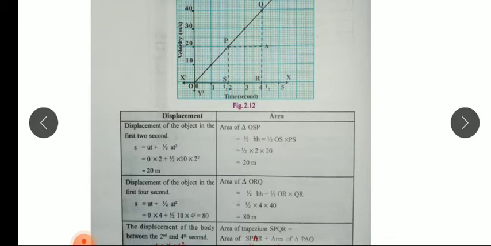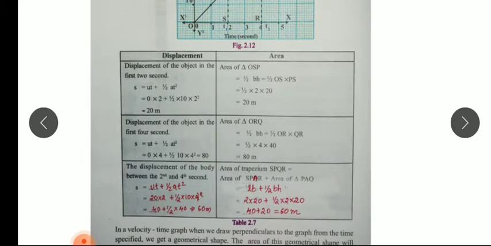So OR means 4 minus 0, 4, into QR. QR is equal to how much? 40. So we will get 80 meters as the area. And here using the equation we got 80 meters. So both the answers are correct. Both the answers are the same.